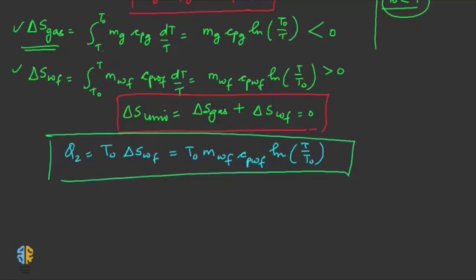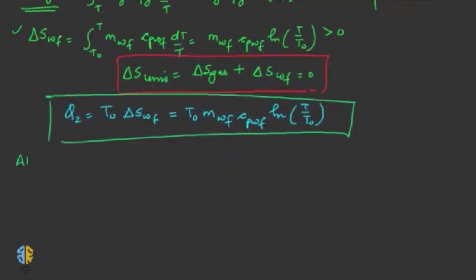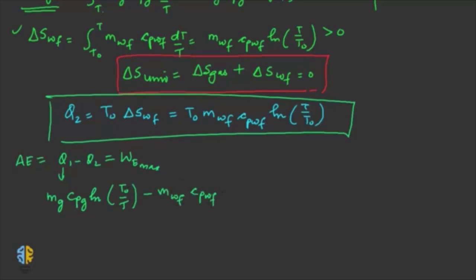Now if you talk about the available energy, we know this is the difference between Q1 and Q2, which is the maximum expansion work output, isn't it? So we know that Q1 is equal to mg CPG into log of T naught by T minus MWF CPWF into log of T upon T naught is equal to WE max.